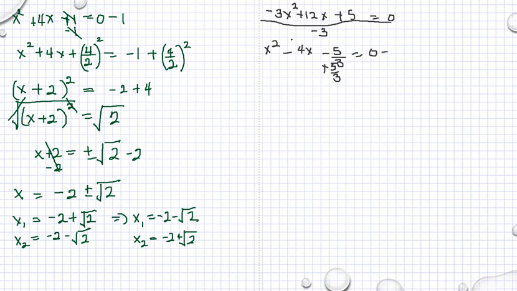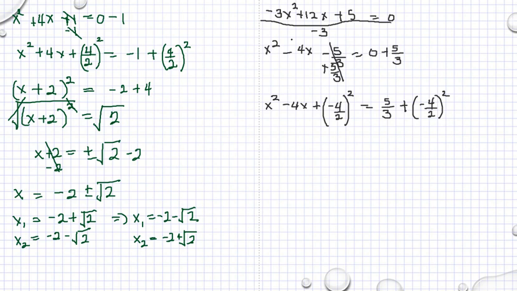that's the second part of the process. Then this is 0. Then we have x squared minus 4x is equal to 5 thirds. And then we take half of the coefficient of the second term, we take the square of that, and we do the same with the right hand side of the equation.